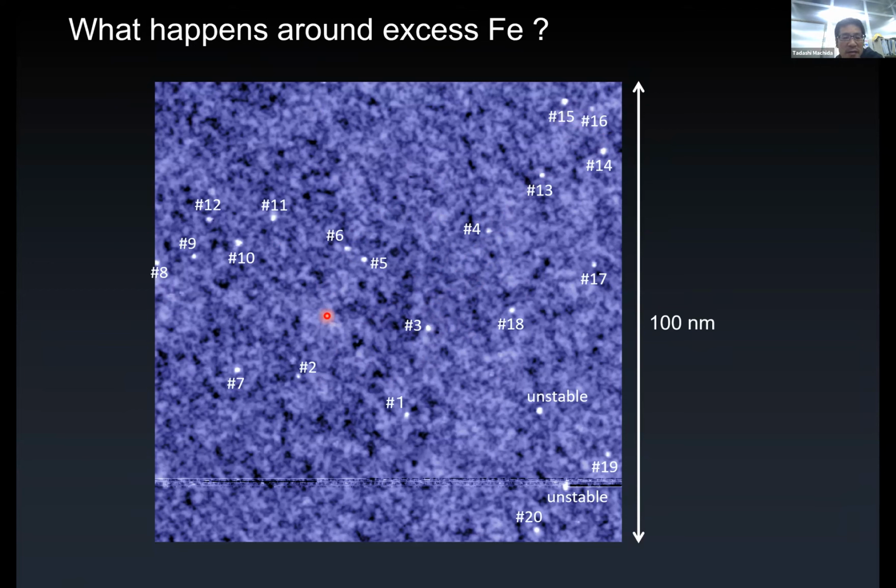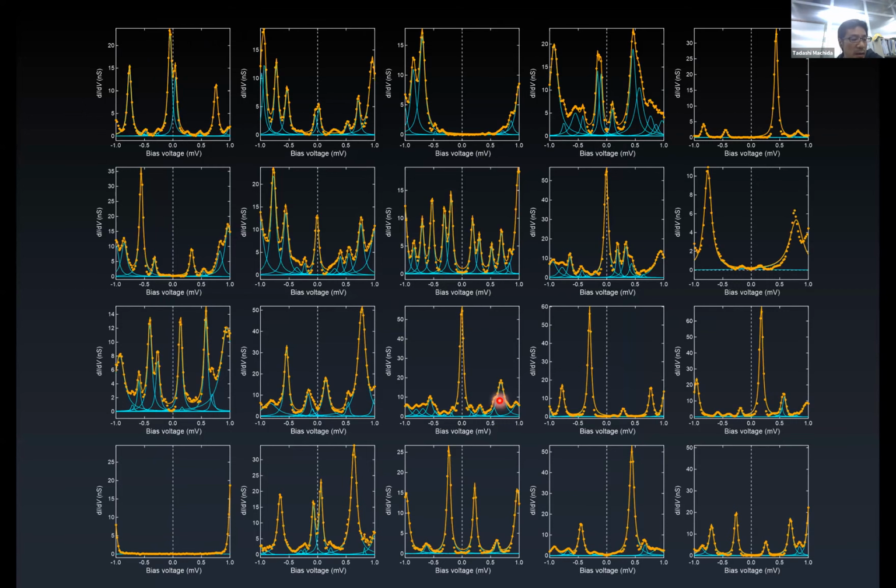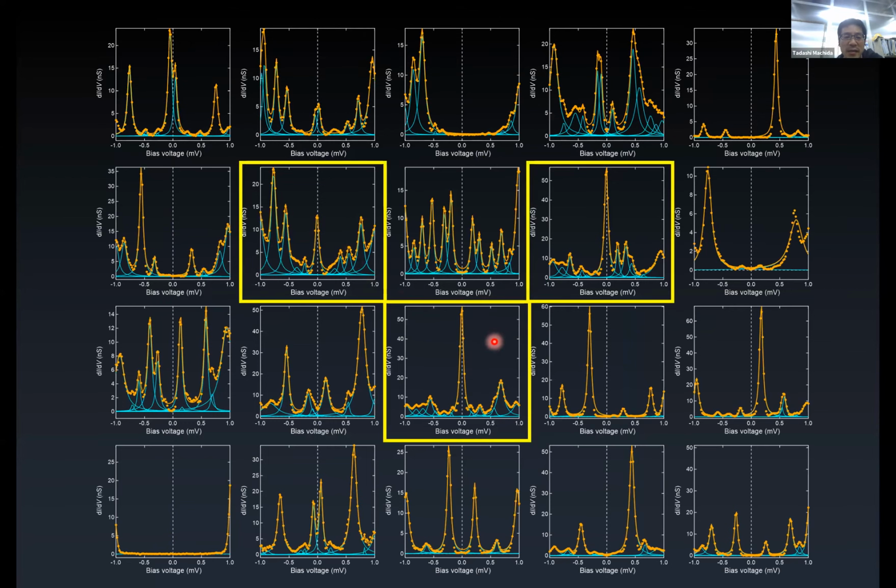To investigate whether the zero energy peak really exists in all of these excess iron impurities, we took the tunneling spectrum on all of them, as shown here. We can see the zero energy peak in only these three excess iron impurities.